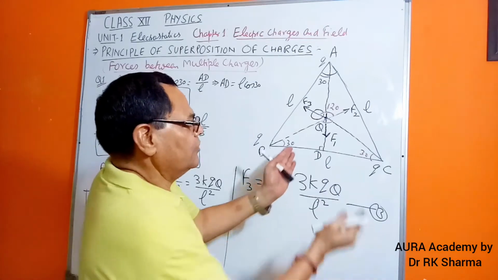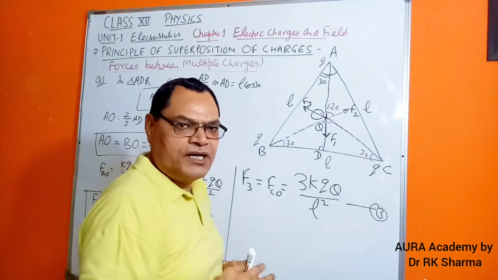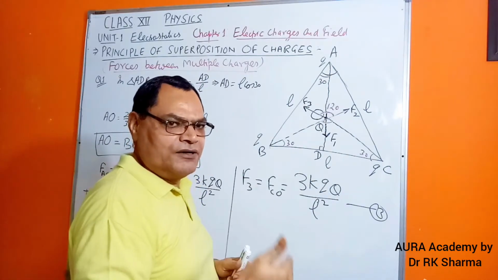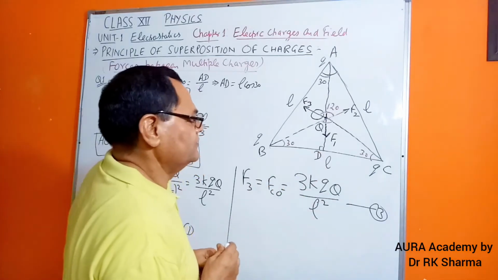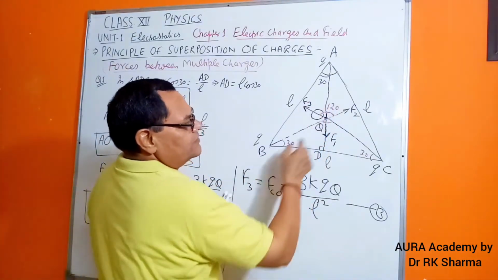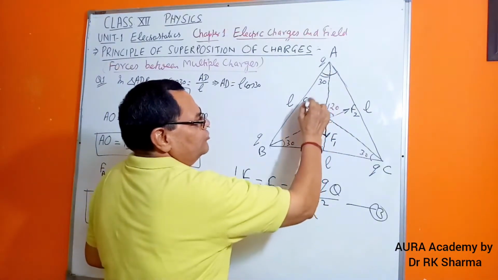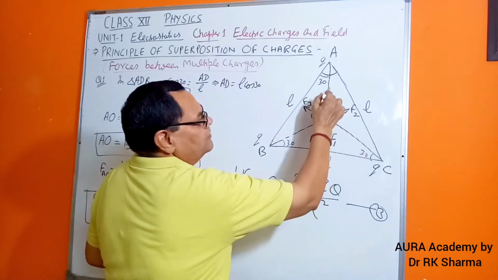So how do we find the resultant of these two forces? By using the parallelogram law of vectors which we studied in class 11th. When you apply the parallelogram law, the resultant of these two, F23, will come in this way.